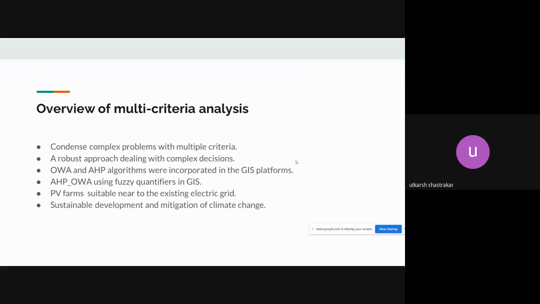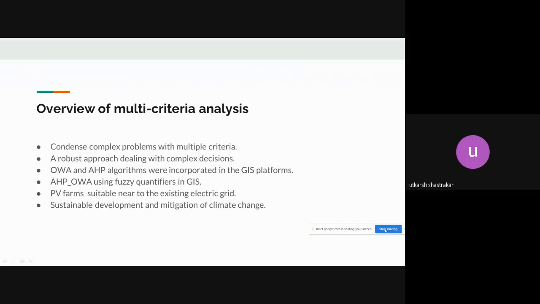Some of the criteria considered are accessibility to the electric grid, because an electricity generation farm needs to pump the power into already existing grids. If the grids are not near the plant, then there is the additional cost of transmission and creating the towers and the transmission lines.